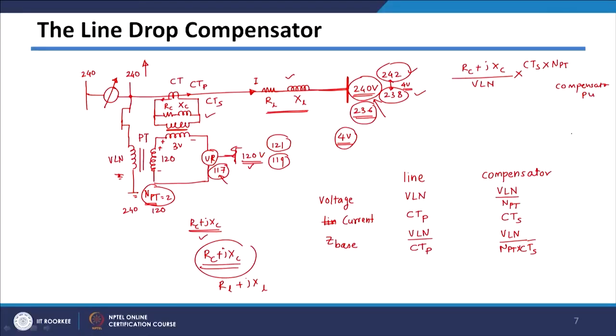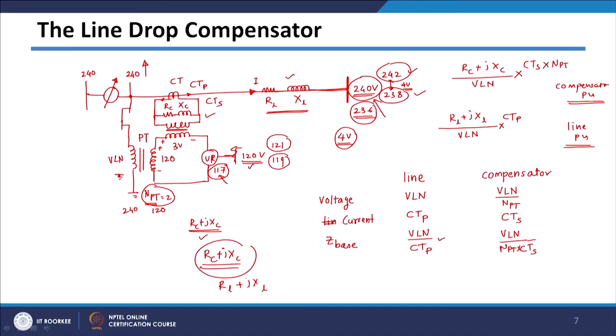And then the line per unit value can be calculated like this. It will be RL plus JXL divided by its base value, which is VLN, and this denominator will go off, which is basically CTP. So, this is the per unit value of line impedance, and this is the per unit value of compensator impedance. So, those should be equal.